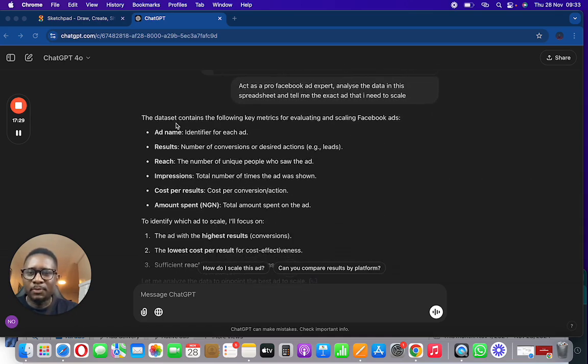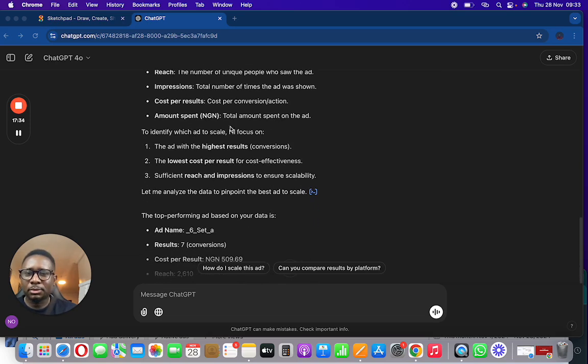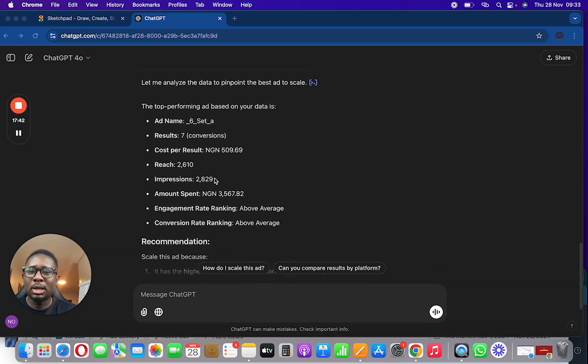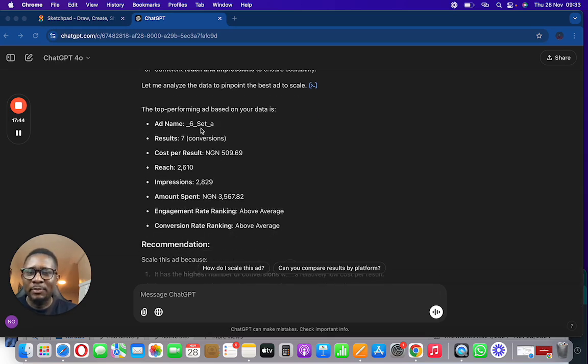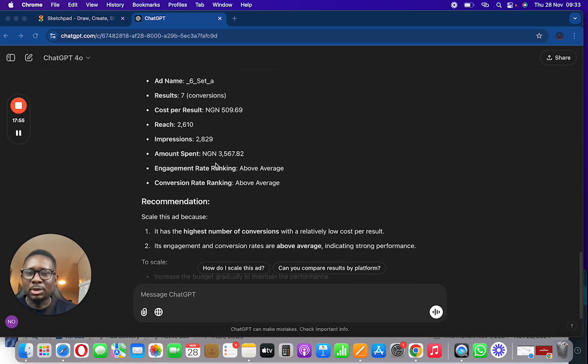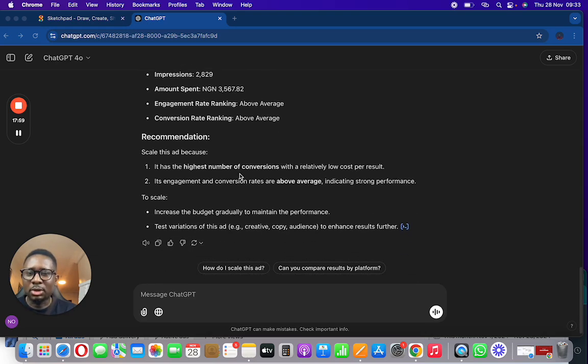It told me the key metrics that it's going to be evaluating, and that it's going to focus on the ad with the highest results, the lowest cost per result, and sufficient reach and impressions to ensure scalability. And then it told me the ad name to focus on. It said ad name 6 set A, result 7 conversions, cost per result is 509 naira, reach is 2610, with impressions and amount spent listed, engagement rate ranking above average, conversion rate ranking above average.